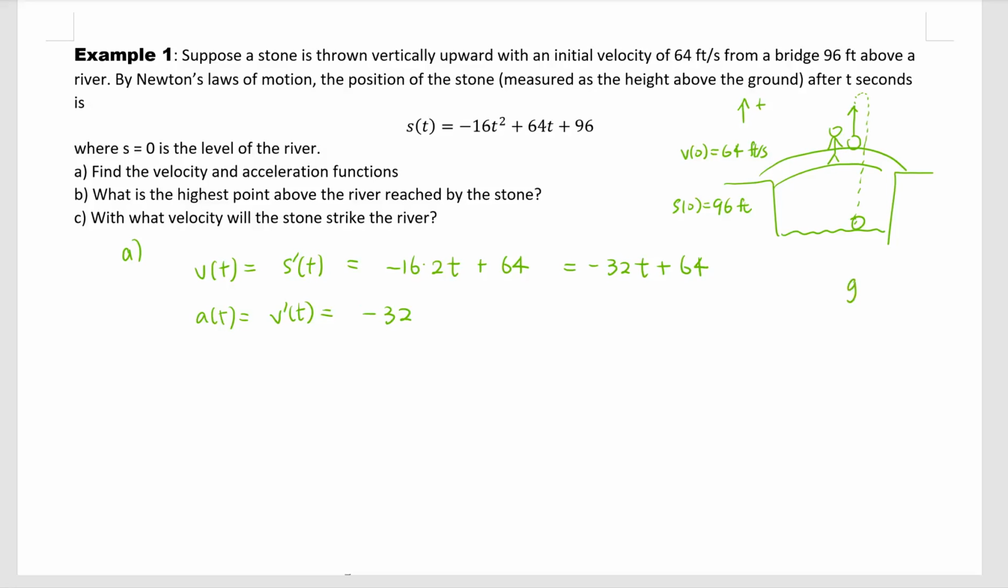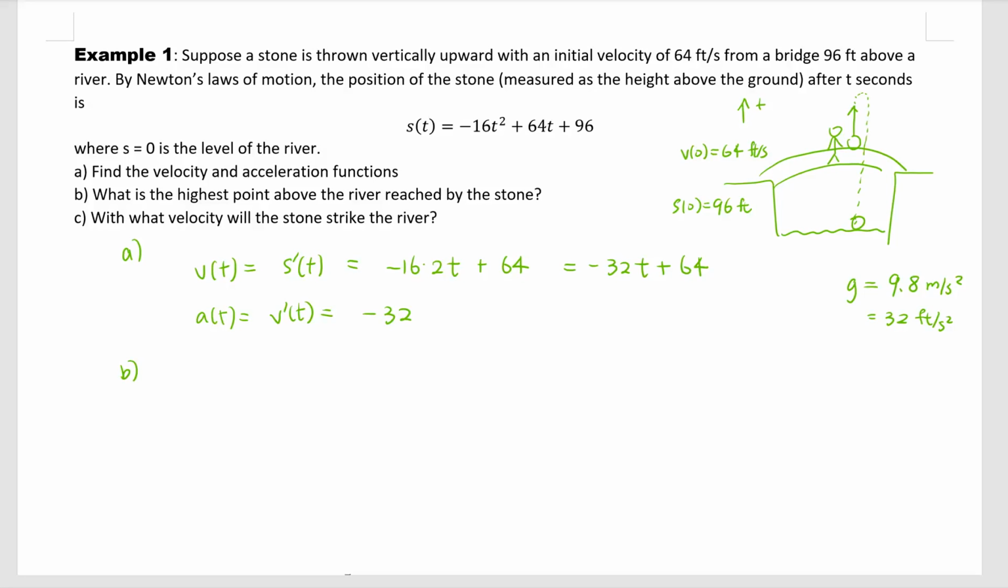And we know the acceleration due to gravity, if we're living on the Earth, is 9.8 meters per second squared. It is also 32.2, but sometimes, in order to get a nice number, we just use 32, and this is feet per second squared. It really depends on which unit system you're using. So this is the velocity and acceleration.